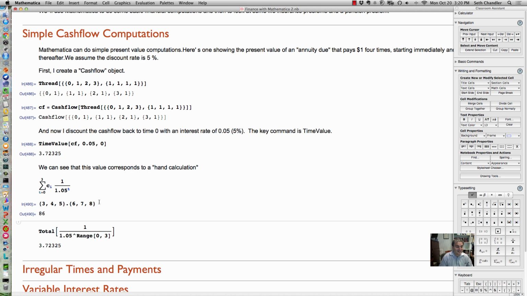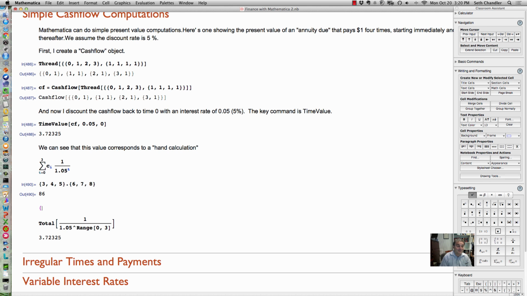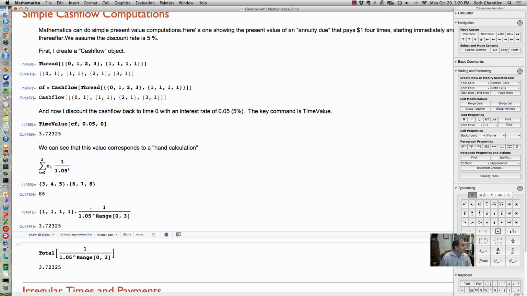So I think I get 86. Good. So you can also think of the cash value as the dot product of the payment vector, which is 1, 1, 1, 1 in this instance, with the discount vector, which is this thing. Okay, does that make sense?